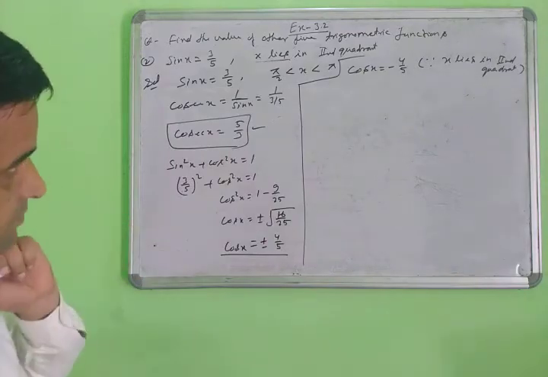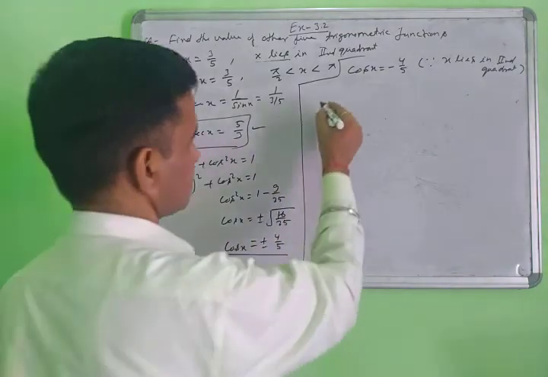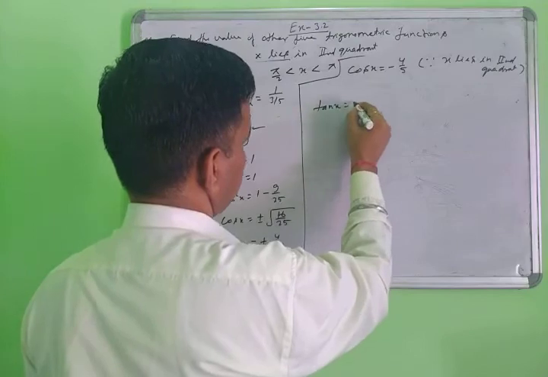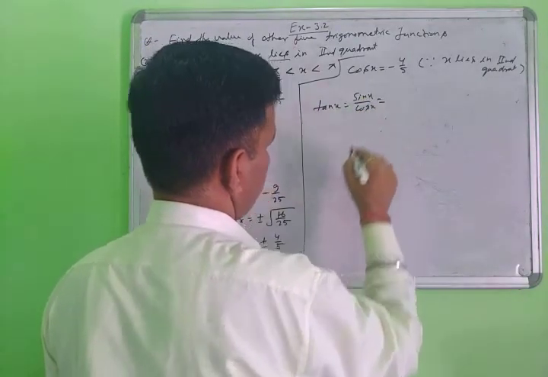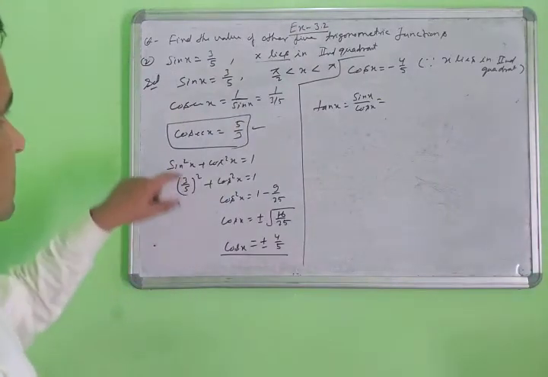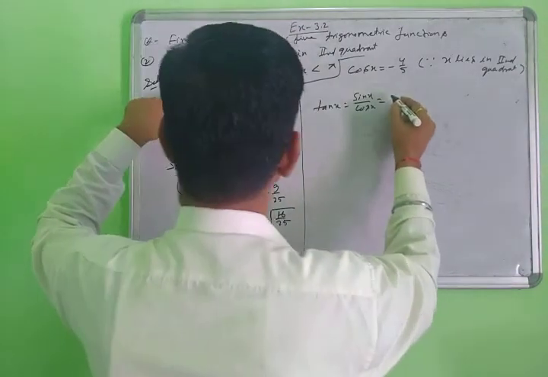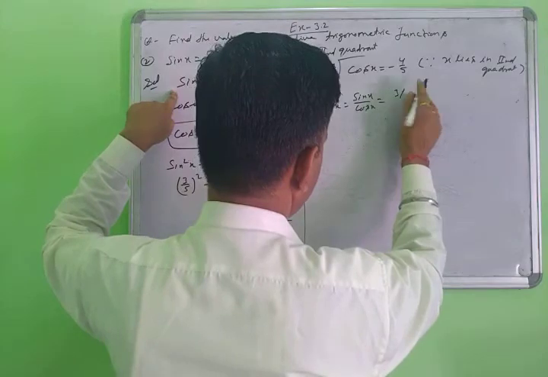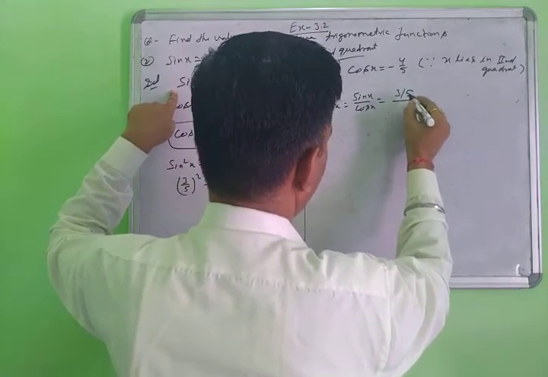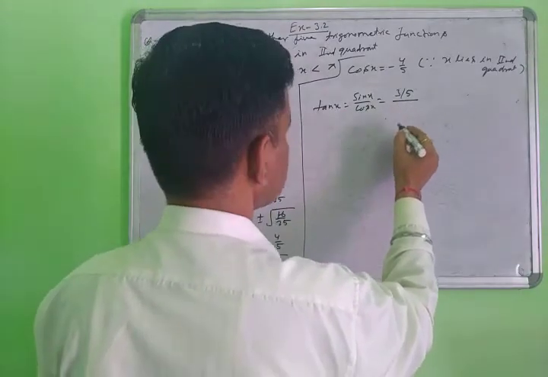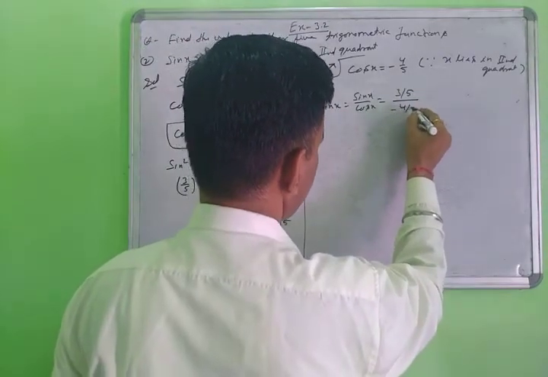Next point here, find the value of tan x. What is the value of sin x upon cos x? What value of sin x? 3/5. Upon what value of cos x? Minus 4 upon 5.